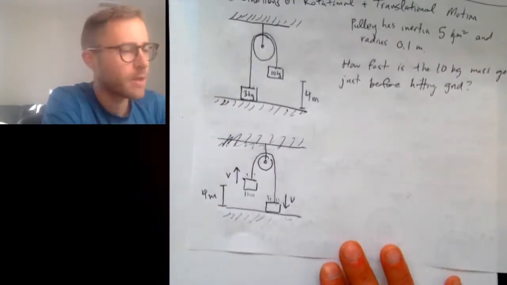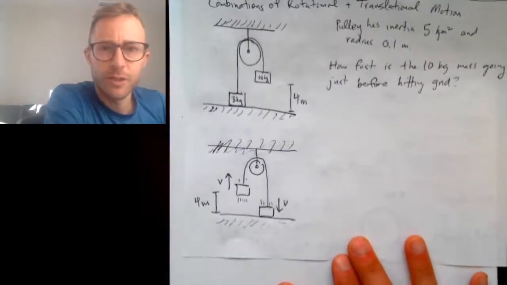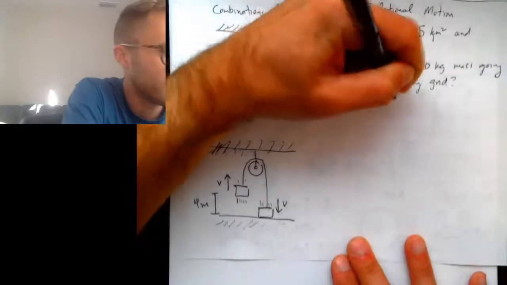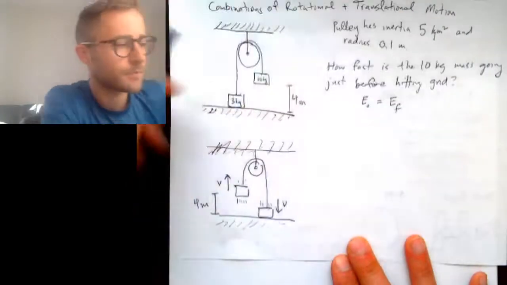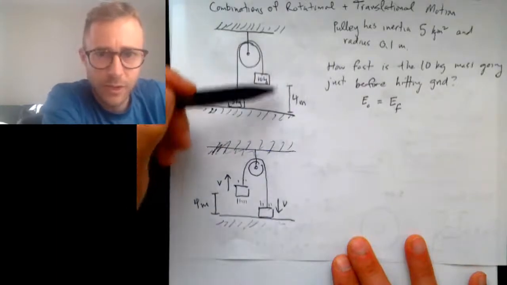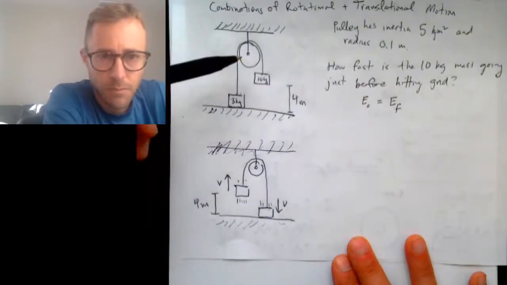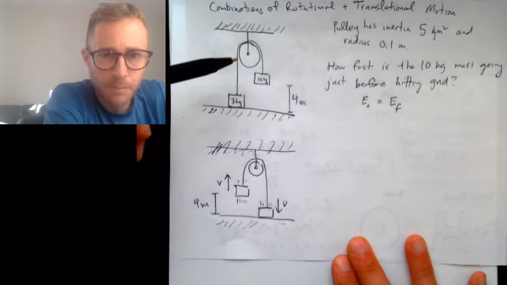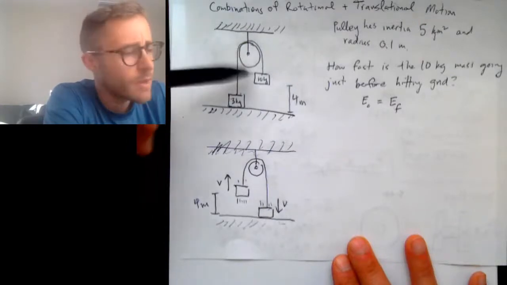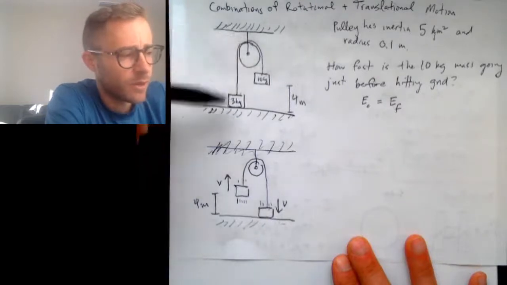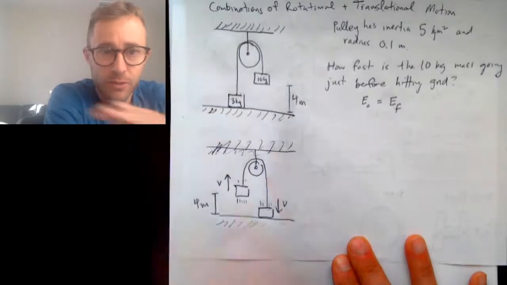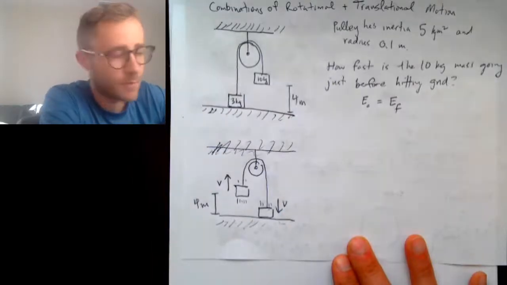All right? So we're going to use conservation of energy to solve this problem. Initial energy equals final energy. This system is starting at rest. Okay? The pulley, we don't have, okay, so the 3 kilogram mass is on the ground, so it has no gravitational potential energy.